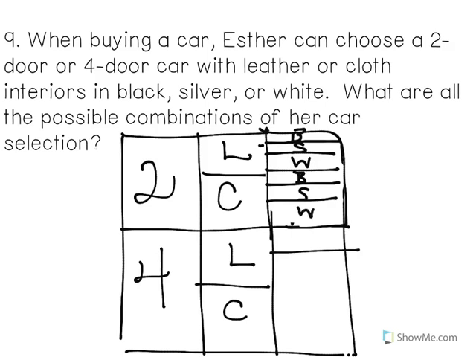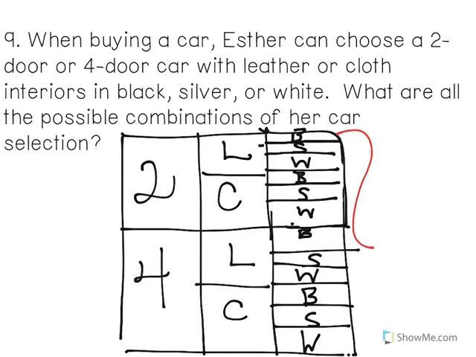But again, I could have it again here. Black, silver, white, black, silver, white. So all together, my different combinations I could have are 1, 2, 3, 4, 5, 6, 7, 8, 9, 10, 11, 12. 12 total combinations.